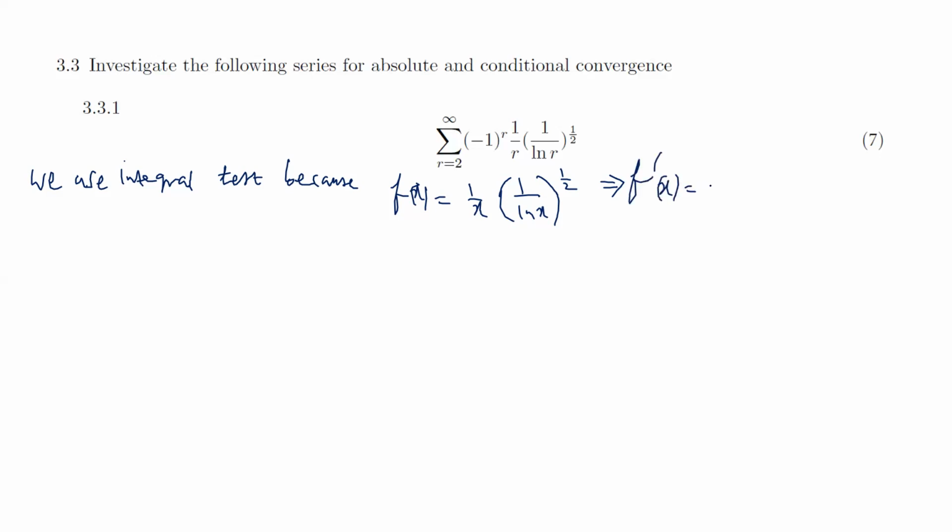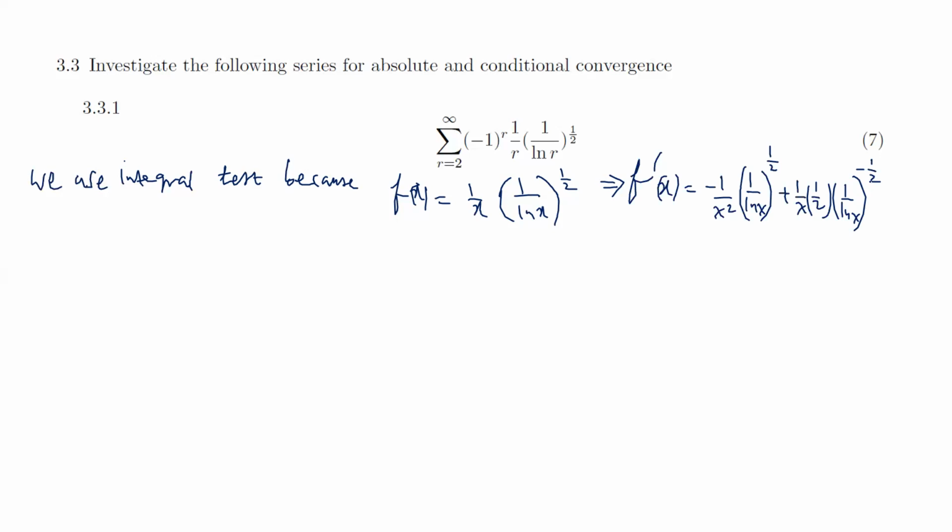The derivative of 1 over x is minus 1 over x squared, which is already a negative term. And then you have plus 1 over x to the 1/2, and now you subtract 1, which is minus 1/2.